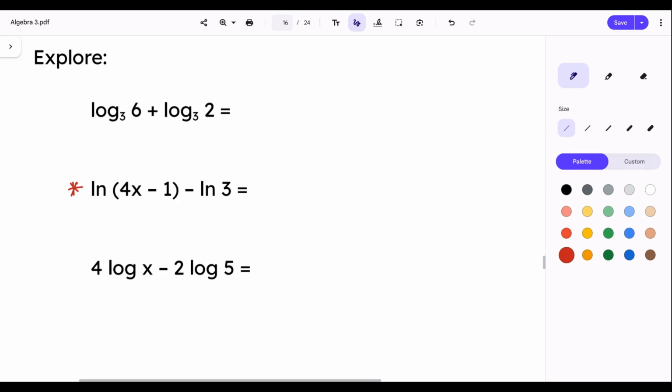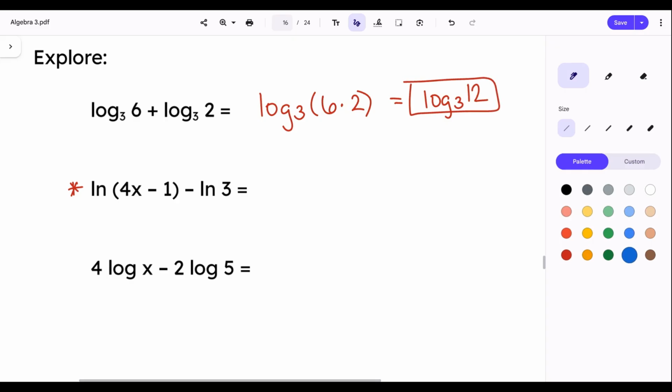Okay, let's go ahead and go through these here. What did you guys do on the first one? Okay, you multiplied them, and that's how you got the 12. Okay, perfect. How about the next one?